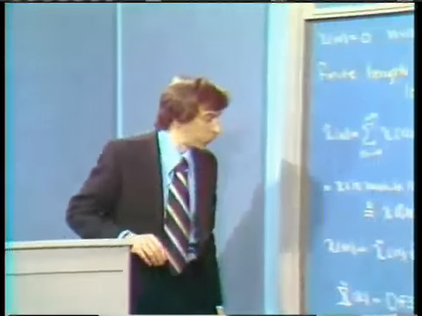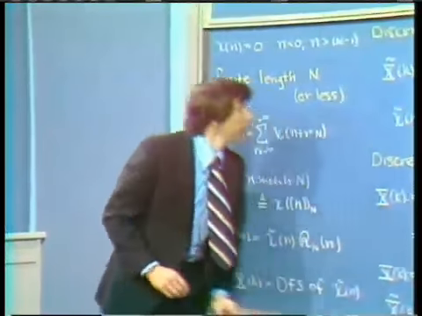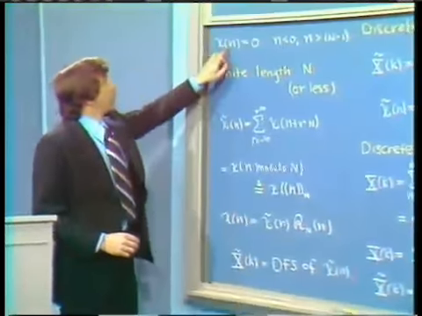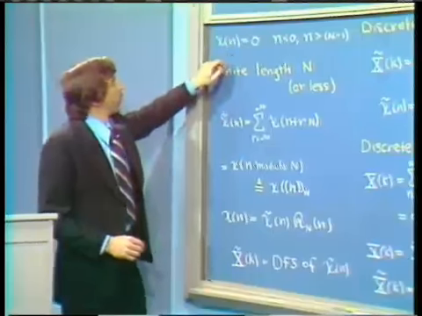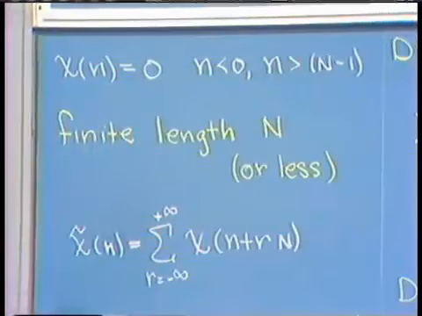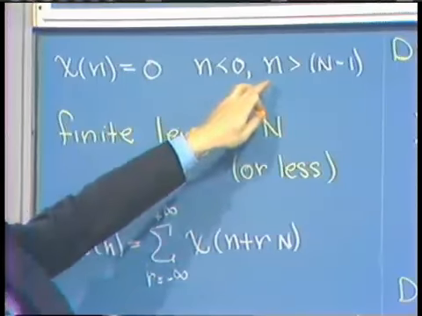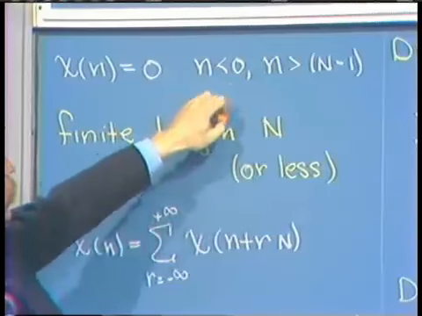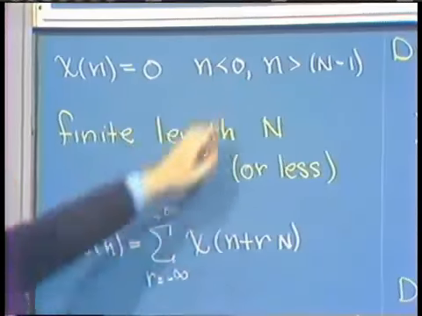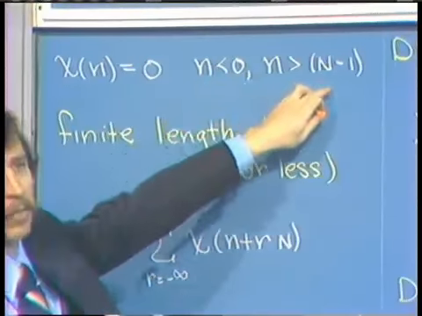Well, in the last lecture, we stressed the equivalence of finite length and periodic sequences. In particular, as hopefully you recall, we talked about a finite length sequence, x of n, which was of length capital N. In other words, it's equal to 0 except in the range 0 to capital N minus 1.